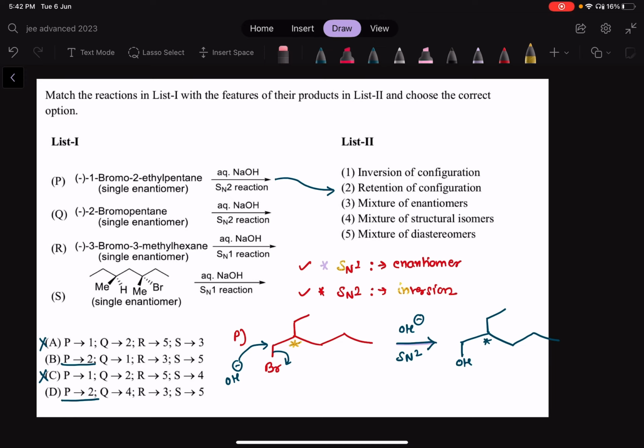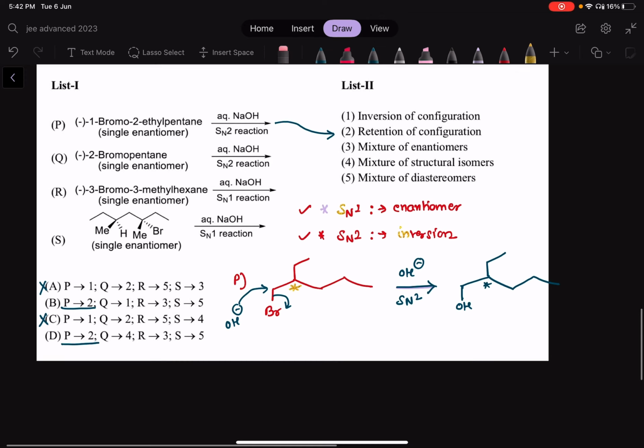Now let's do the question Q. In Q, if you see, it is 2-bromopentane, and 2-bromopentane means 5 carbon atoms, 1 2 3 4 and 5. Now on this 2-bromopentane, this is the carbon atom which is undergoing the substitution reaction, and this is a chiral center as well.